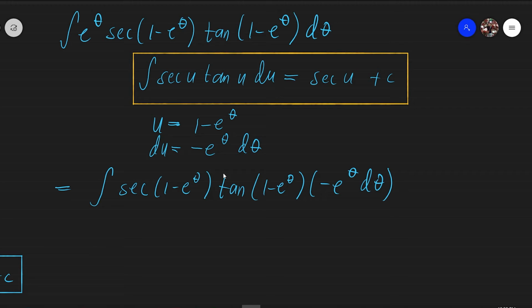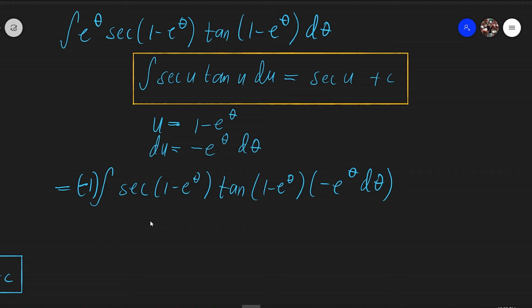Everything can be found in the original given function except for the negative here. There is no negative in the original given function, so you have to introduce the correction factor, which is negative 1, so that this quantity will be equal to this one. After that, you apply the right side of the formula, secant u plus c.